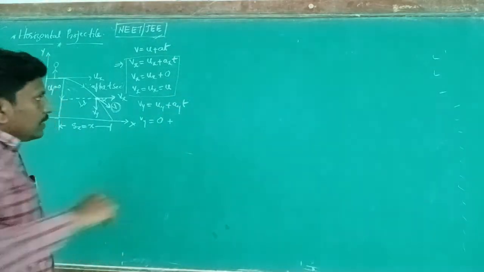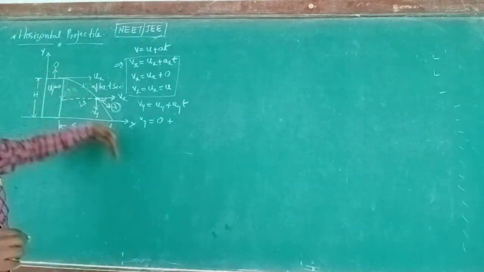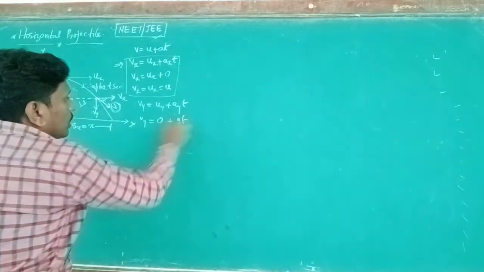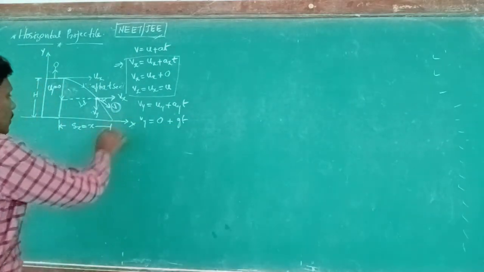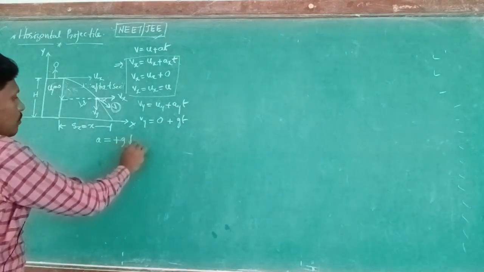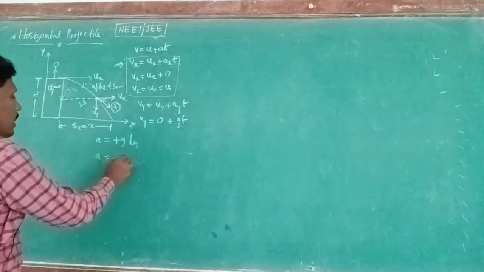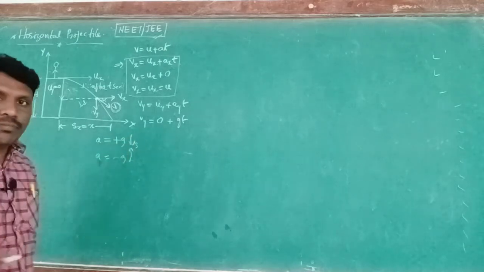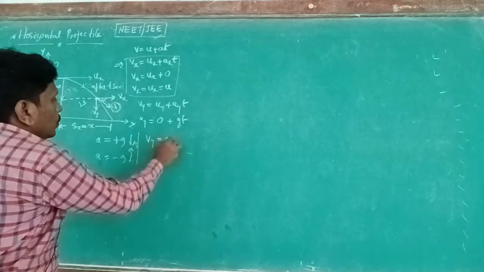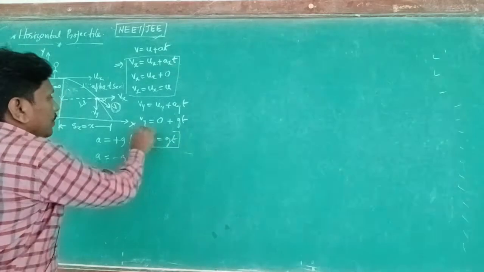Ay is coming down, not going up, so we can write it as g into t, because a is equal to plus g when it comes down, and a is equal to minus g when it is going up. So Vy is equal to g into t.